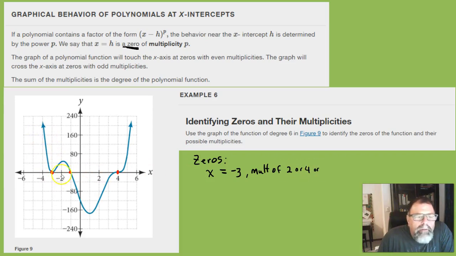It's not very steep, so I would say it's 2, but anyway. And then this would be x equals -1. And again, it's kind of crossing like a line, so that would suggest a multiplicity of 1. But it could be multiplicity 3.